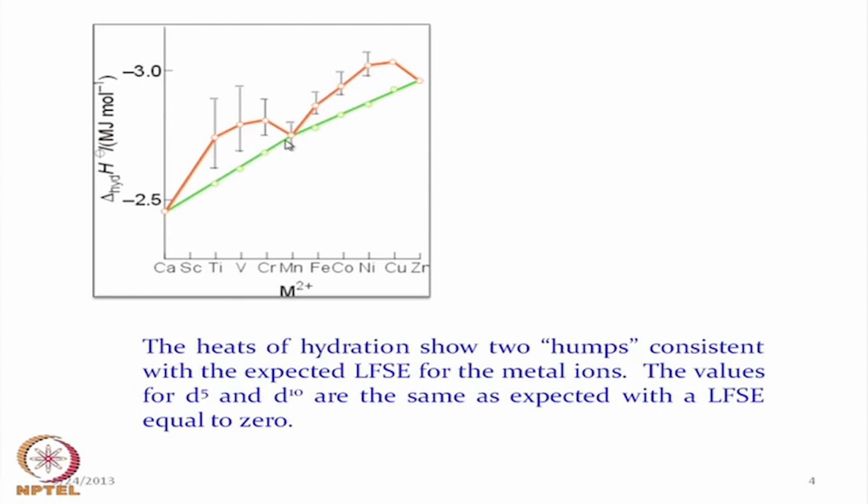But there is a monotonic increase of these values along this green line, showing d0 to d5 to d10. If we go for the CFSE contributions, we will have these orange lines for the double hump curve. But if we do not get the CFSE contribution, all these values will fall on the green line, where we do not have any CFSE contribution for hydration.